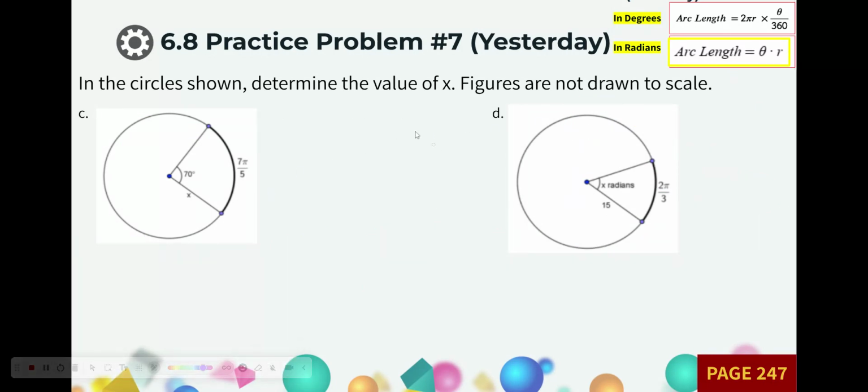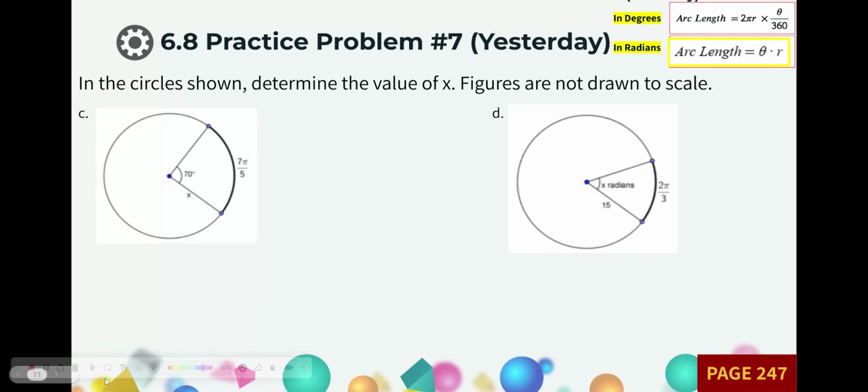Okay, in the circle shown, determine the value of x. Figures are not drawn to scale. Let's see if I can explain this properly. At this point, we're going to use degrees, since 70 is in degree form, so you use 2 pi r times theta over 360.